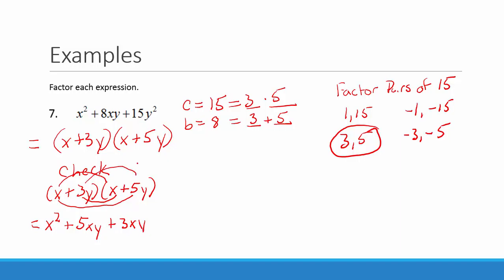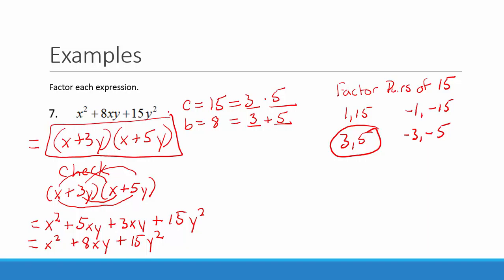And 3y times 5y is equal to positive 15y squared. Combine like terms in the middle and we get x squared plus 8xy plus 15y squared. And this is our original problem. So this is the factored form of example 7.